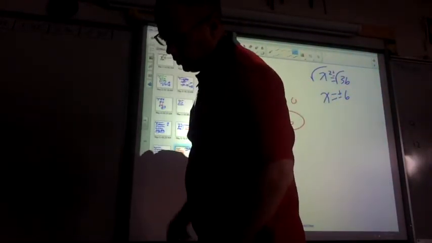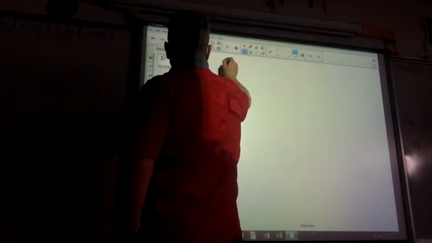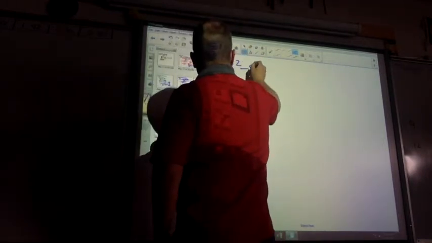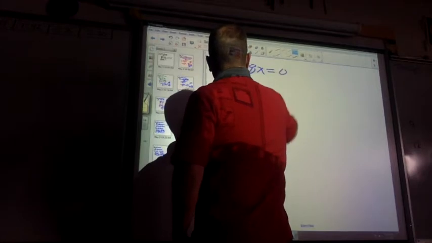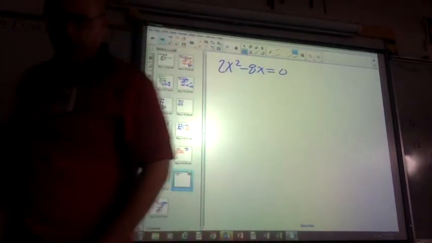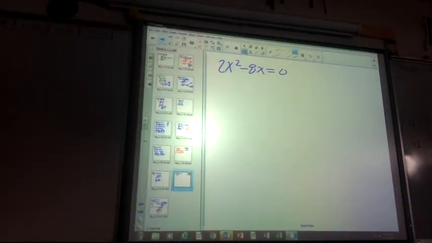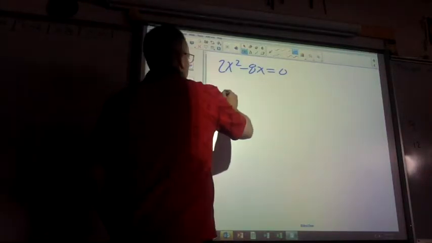The bottom one says 2x squared minus 8x is equal to 0, yes? Okay. So this one, they want you to factor out the greatest common factor. So what number goes into both 2 and 8? 4. Good try, but it's 2.